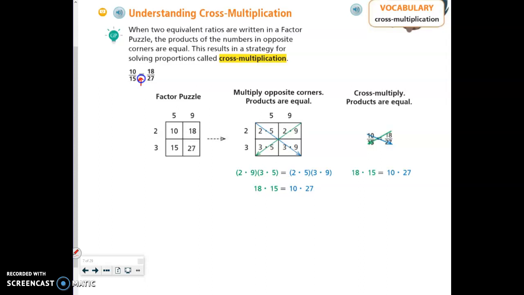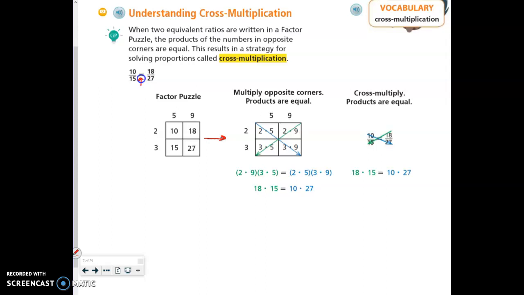What you're looking at here is a completed factor puzzle. They're showing you that 5, 9, 2 and 3 are the factors on the outside. As the arrow draws this over, you can see the second step is to not put the product inside the boxes, but to break apart those products into their actual factors.